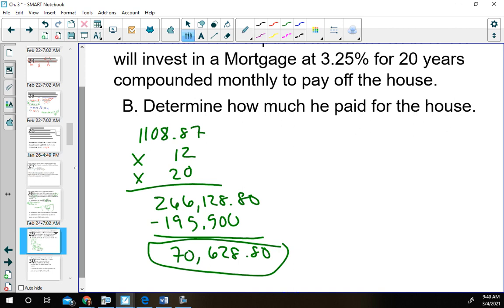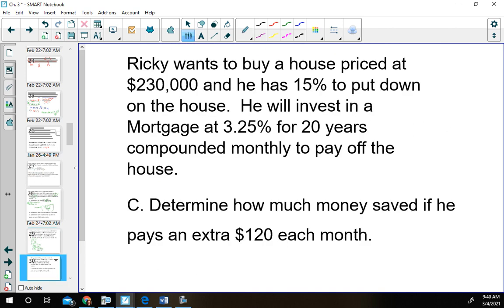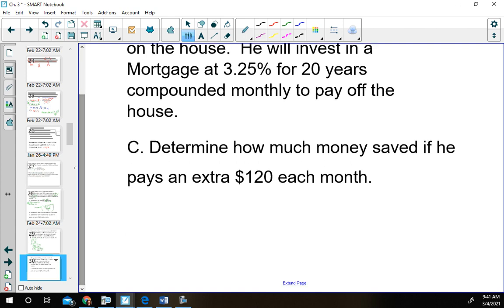Okay, so then the next question says, determine how much money saved if he pays an extra $120 each month. Okay. So the problem is we're going to pay it off faster this time. So what I'm going to do is I'm going to put the $120 in and find the new time that we're actually going to be paying it off to be done with it.